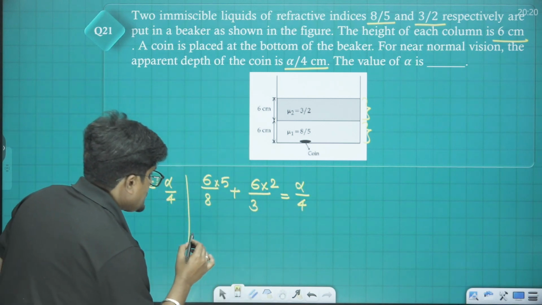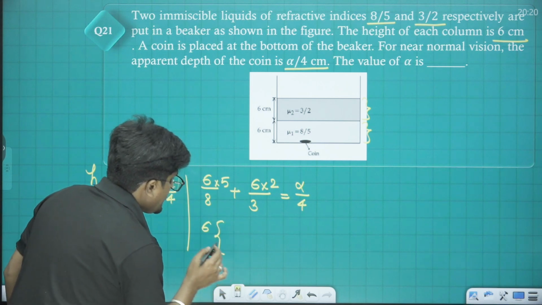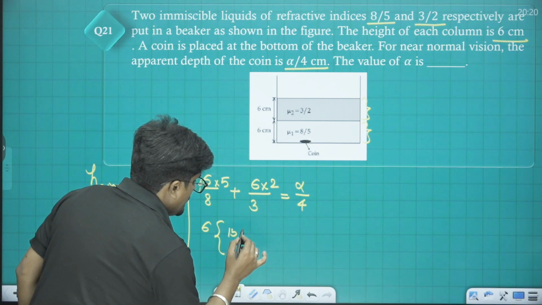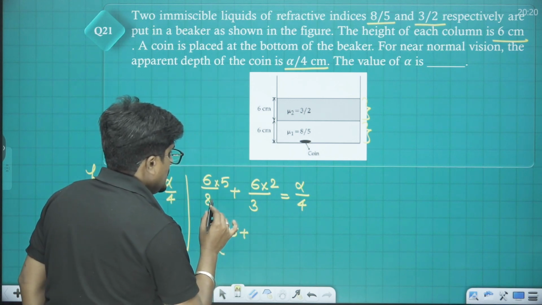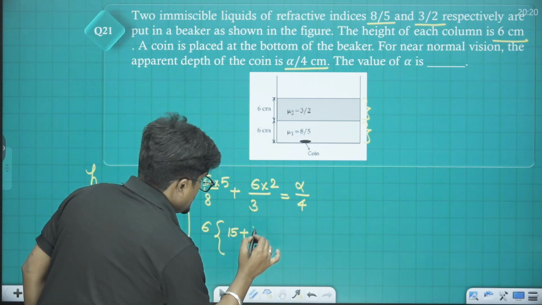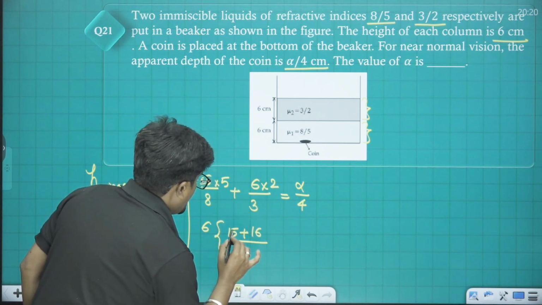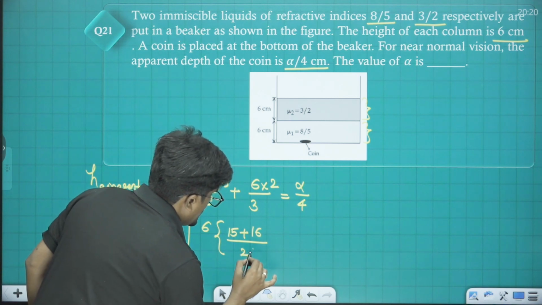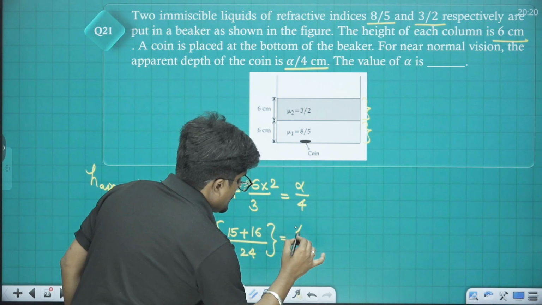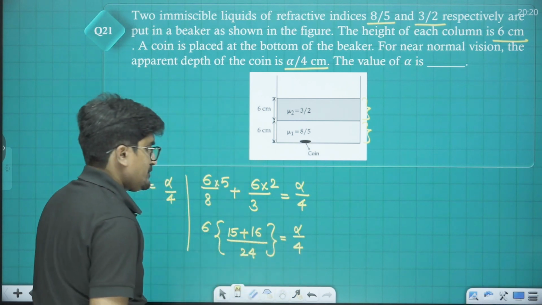All right. Here 6 is common, let me take that out. So this is going to be 5 3s are 15, and 8 2s are 16, all divided by 8 3s are 24, and that is equal to alpha by 4.